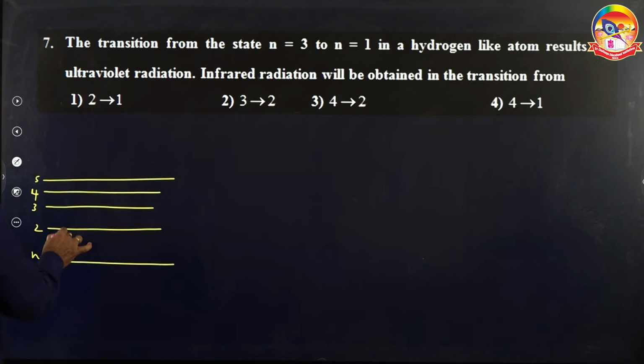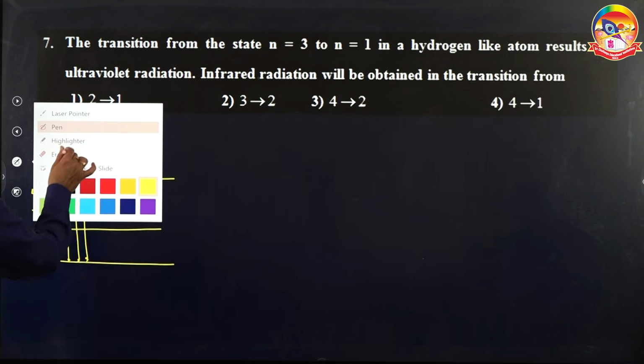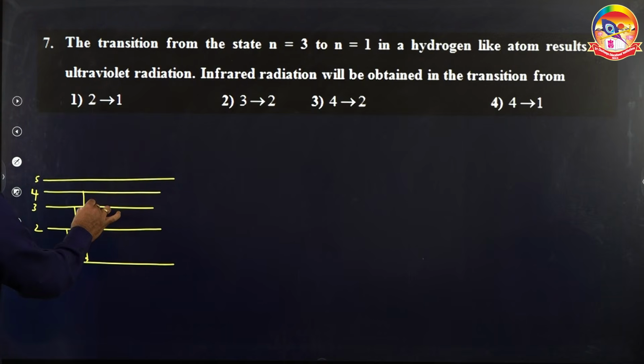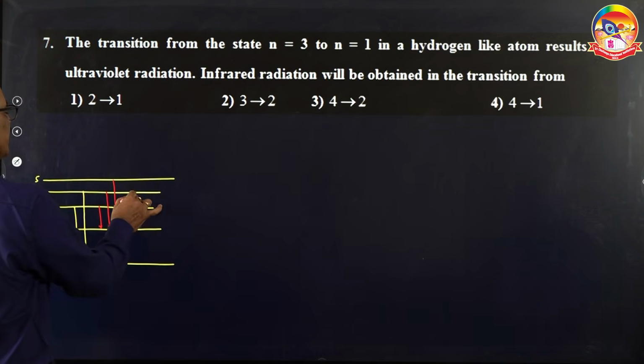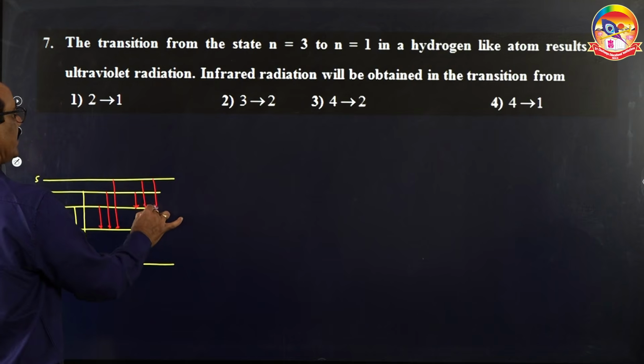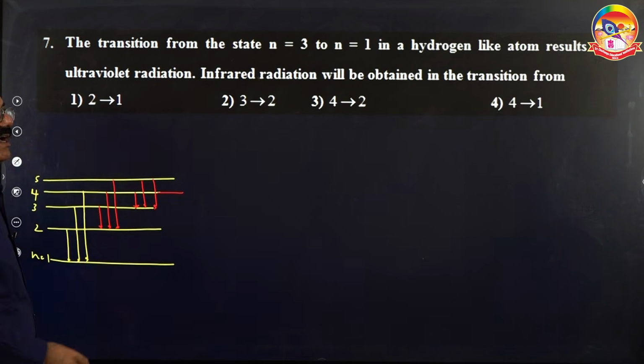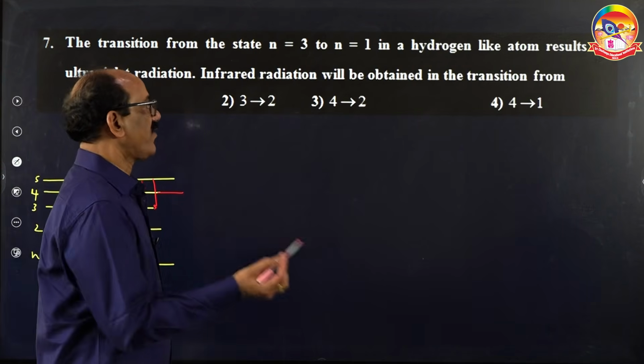This Lyman series is in the ultraviolet region. If they get de-excited from a higher energy level to the second energy level, we get the Balmer series. They are in the visible region. If they get de-excited from a higher energy level to the third energy level, the Paschen series, this is in the infrared region, and Brackett and Pfund are in the far infrared region.